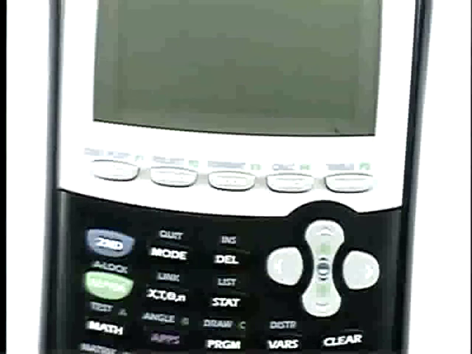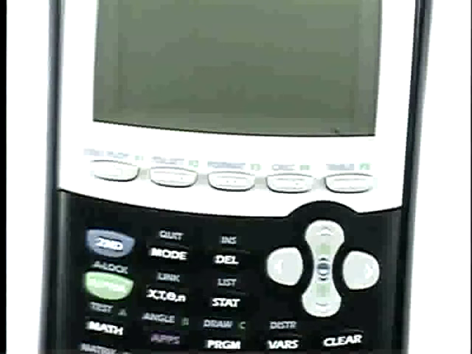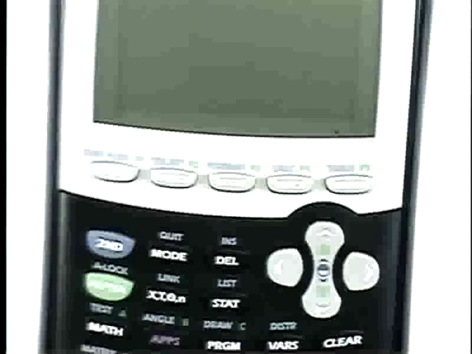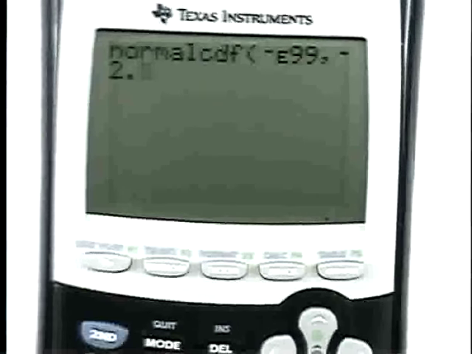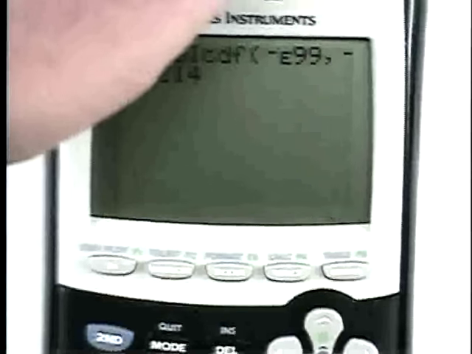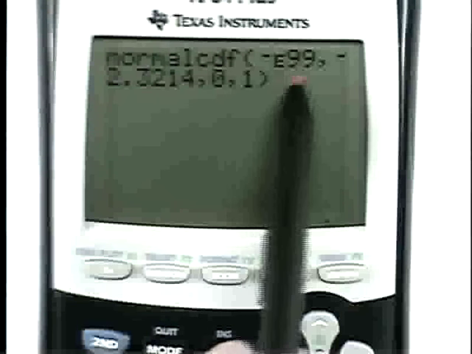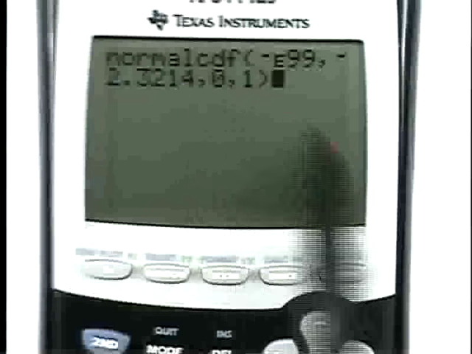Within rounding, we know that it will. It's possible because of rounding we may be off in the thousandths or ten-thousandths place, something like that. So negative E99 to negative 2.3214, the mean 0, standard deviation is 1.